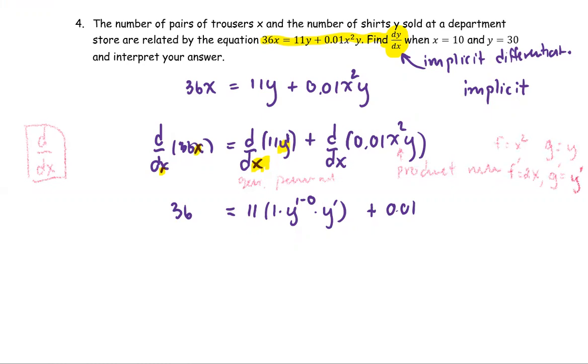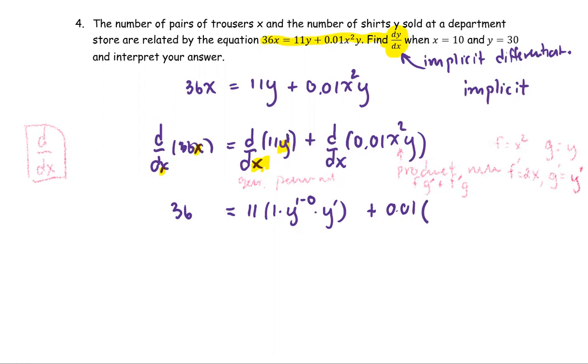Using the product rule, you multiply one with the derivative of the other, and then do the same the other way. Now I have the coefficient 0.01. I take it out of the product x squared times y just to make the problem cleaner.